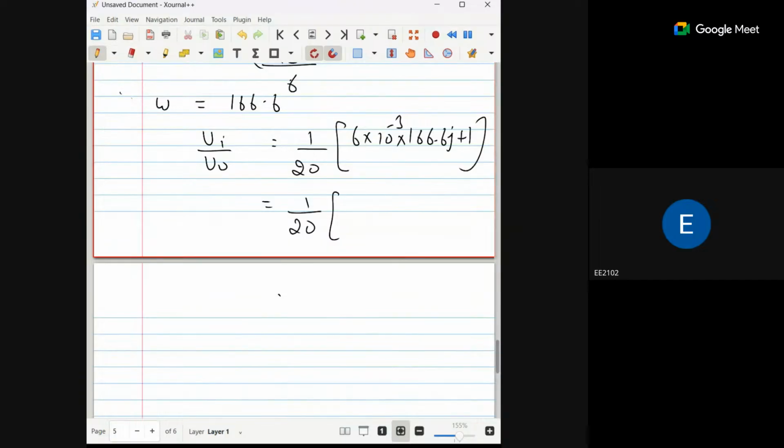So this calculation, 26, 30. So this we got 166.6 into 6 and then this 3 that is here.